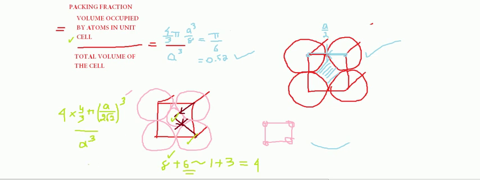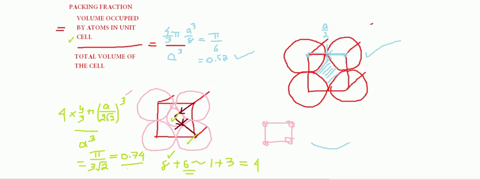Agreed. So this value, if you calculate, you will get for the face centered pi by 3 root 2. So it's pi by 3 root 2, and this was actually 0.74. Yes, as we guessed, we got the answer.